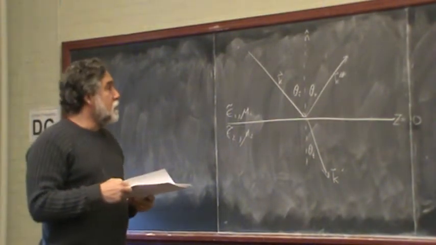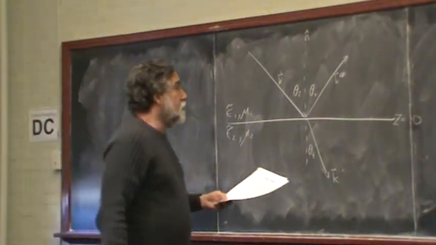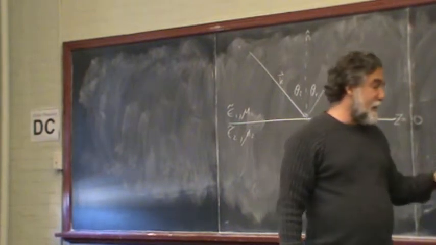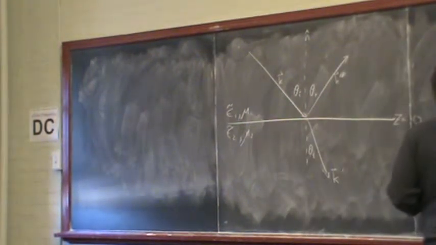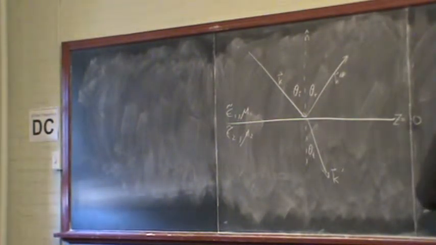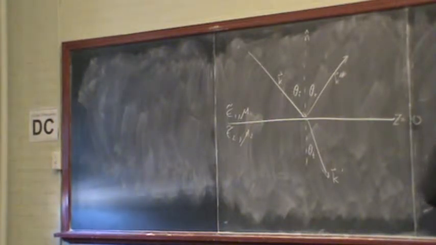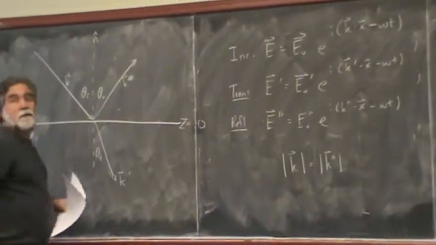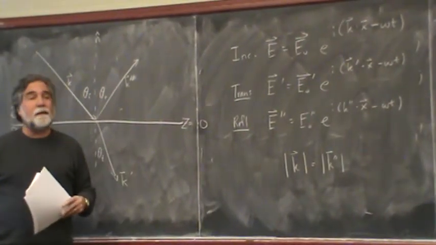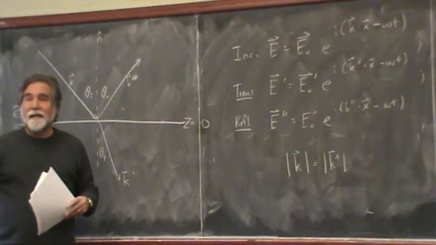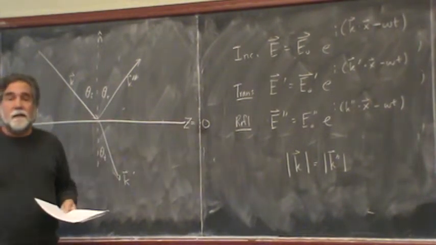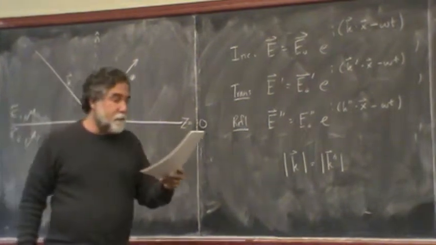All right? What do we know? From the wavelengths, the relationships and the definitions of the K, we know that the magnitude of K must be equal to the magnitude of K double prime because they're propagating in the same material. And the magnitude of K only depended upon the wavelength, the index of refraction. Actually, it depended upon the absorption coefficient as well.